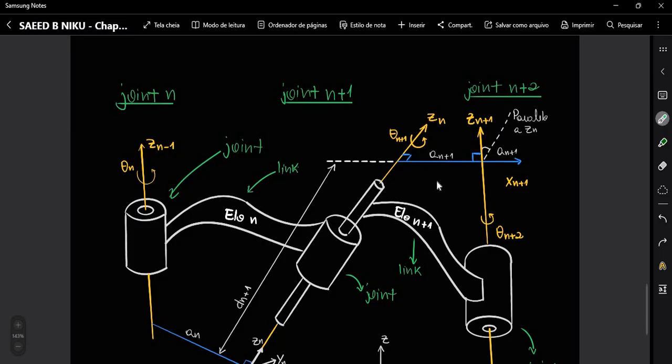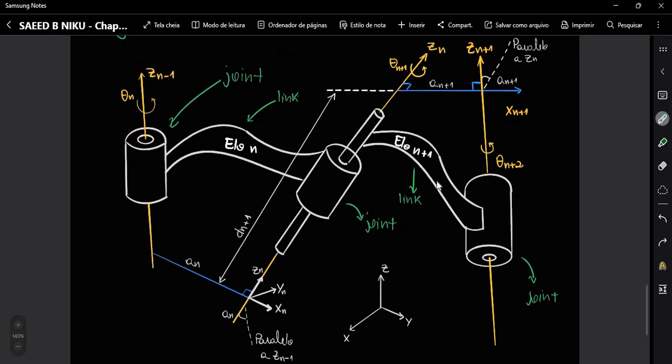And again, using the DH representation, its benefit is that we can represent, do modulations, analysis of a robot with any number of joints and links. So right here we can have more joints before or after these ones.